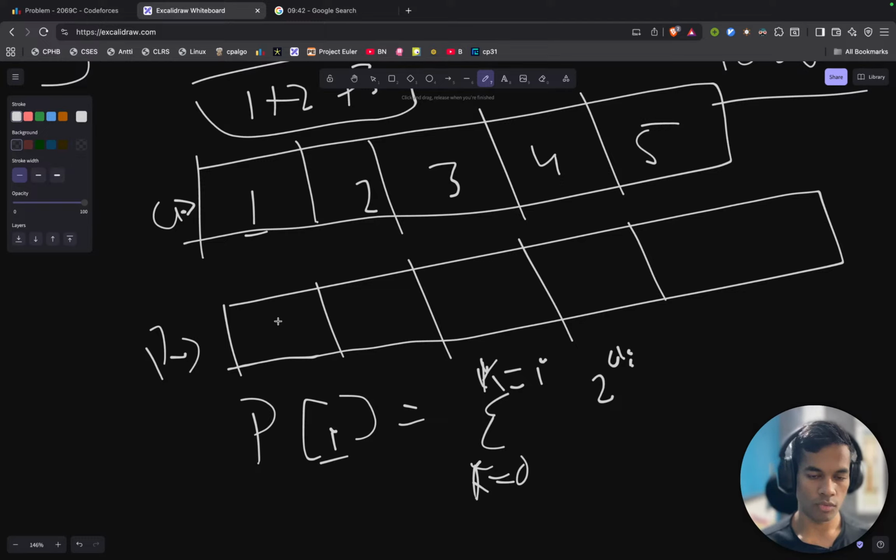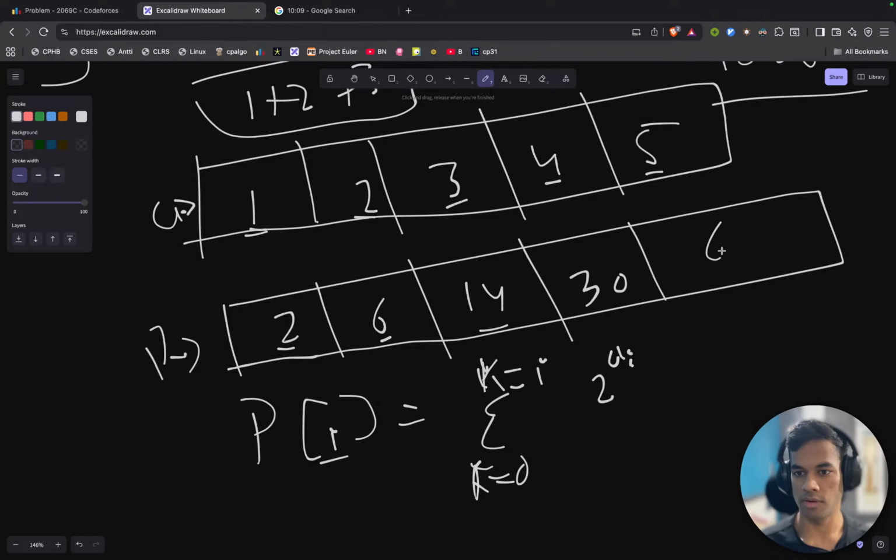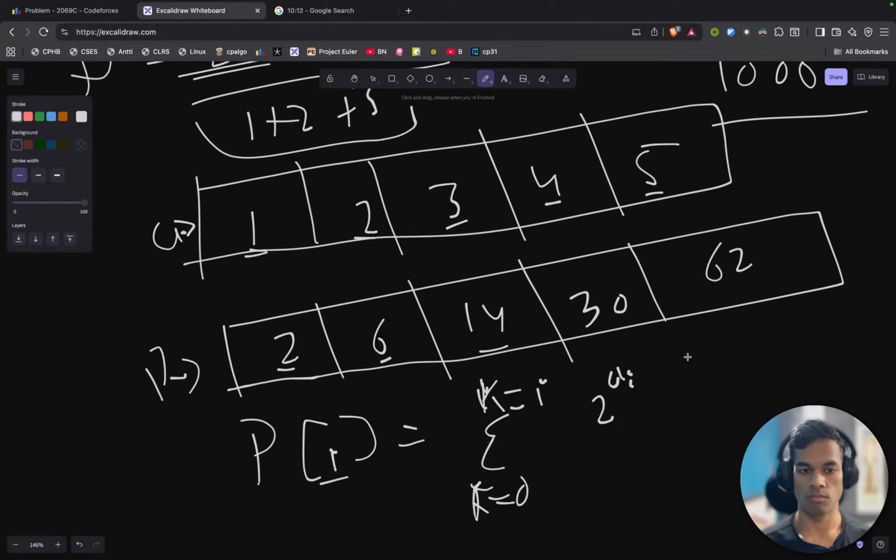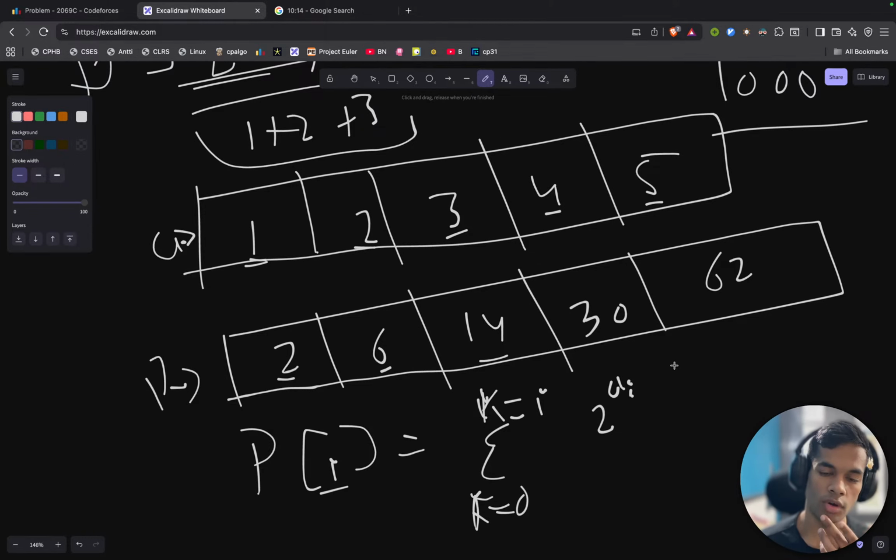So this would be 2 power 1, which is 2, plus 2 power 2, 4, plus 2 is 6, and then 2 power 3, 8, plus 6 is 14, and 2 power 4, 16, plus 14 is 30, and 2 power 5, 32, plus 30 is 62. Okay, this is what we will have.